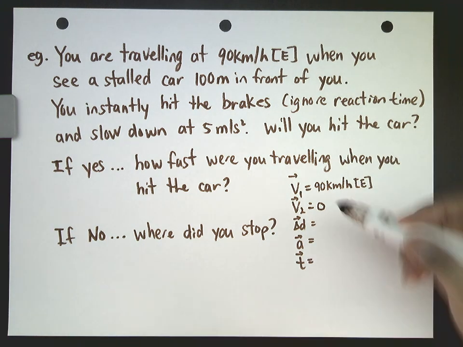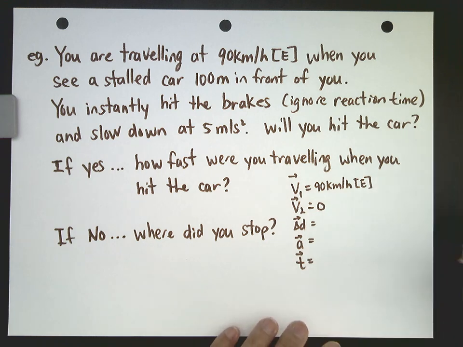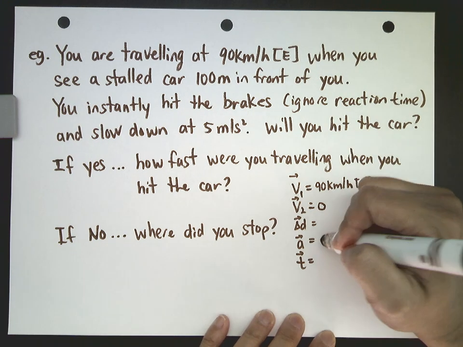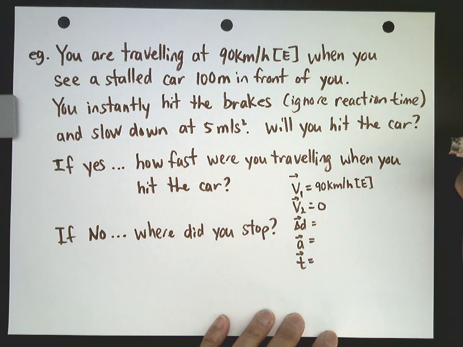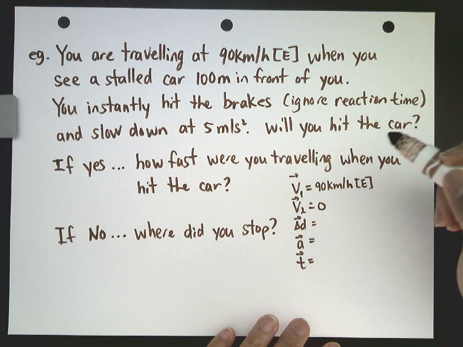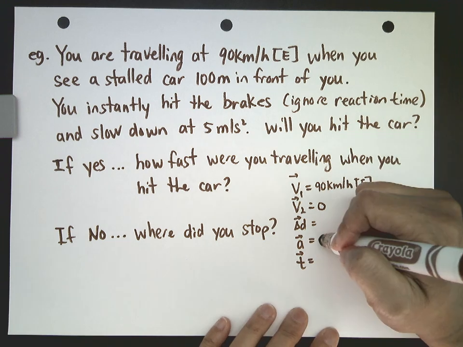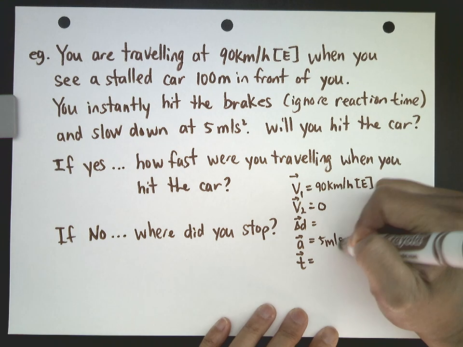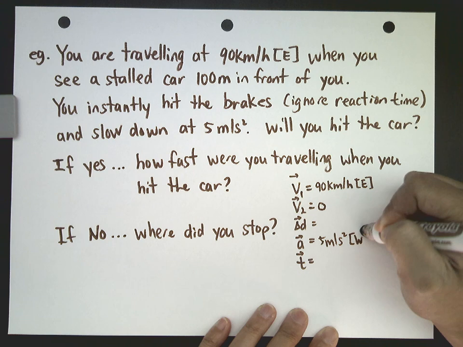We do want to stop, and let's say we slow down at 5 meters per second squared. Now, when you slow down, remember that acceleration lesson a couple lessons ago? It has to be negative because we're slowing down. So in other words, it has to be 5 meters per second squared west, right?